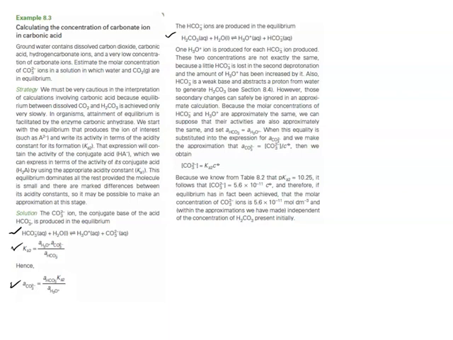These two concentrations are not exactly the same because a little HCO3- is lost in the second deprotonation, and the amount of H3O+ hydronium has been increased by that quantity. Also, HCO3- is a weak base and abstracts a proton from water to generate H2CO3. However, those secondary changes can safely be ignored in an approximate calculation.